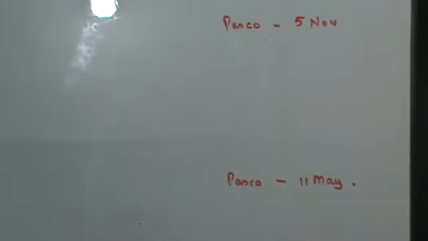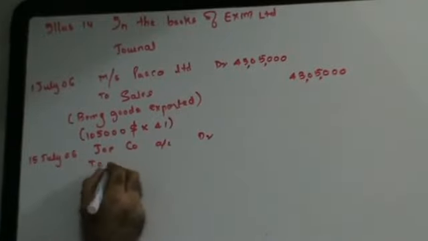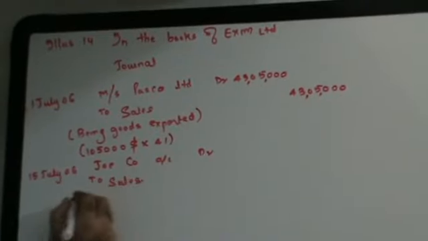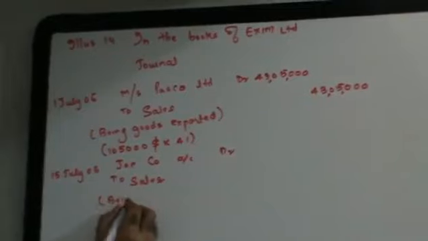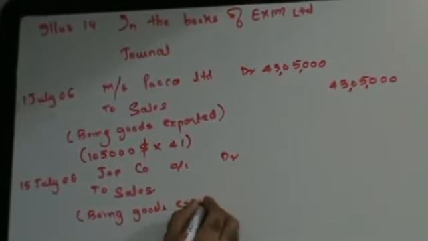Goods worth $5,000 were exported on 15th July 2006 to Joe and Company. 15th July 06. Debit the receiver, Joe and Company, to sales, being goods exported.